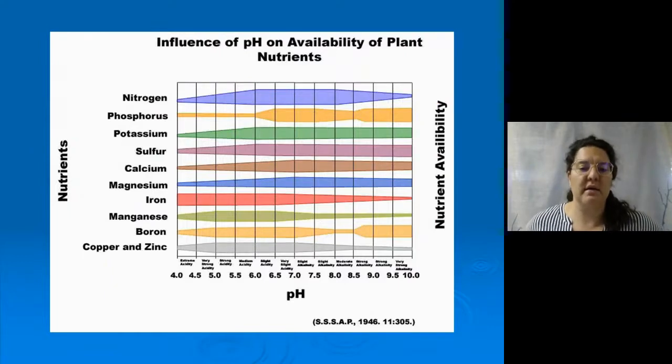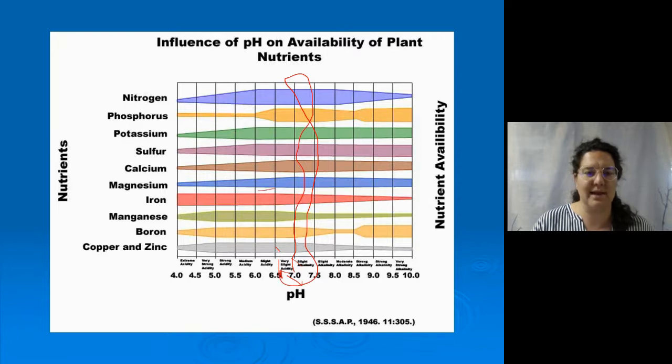So we can see here that lots of nutrients are available at a neutral pH of 7. And there are some nutrients that are more readily available at a slightly acidic pH.